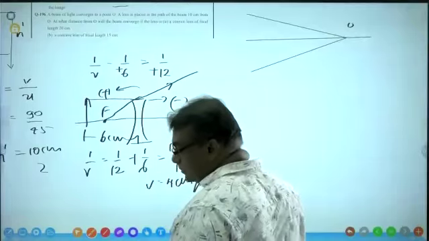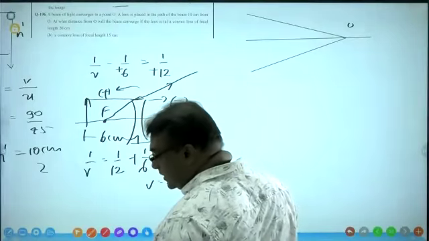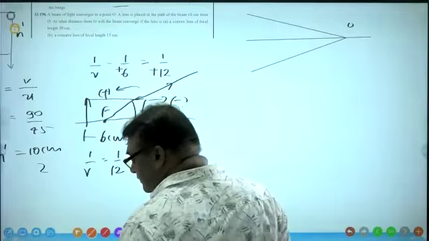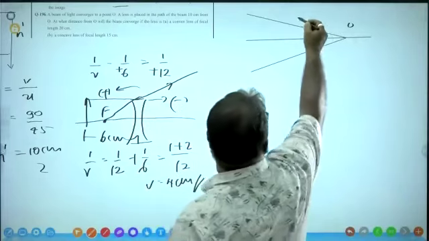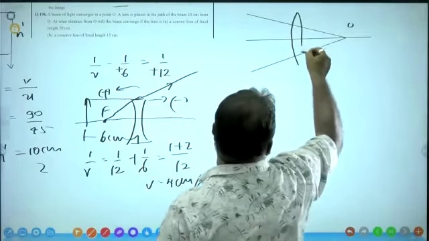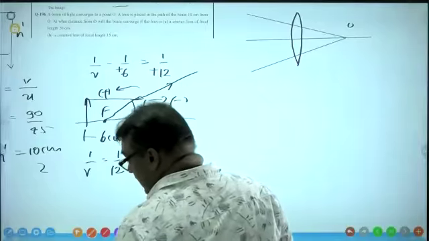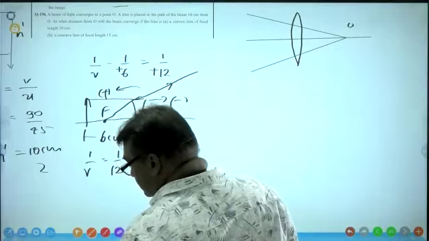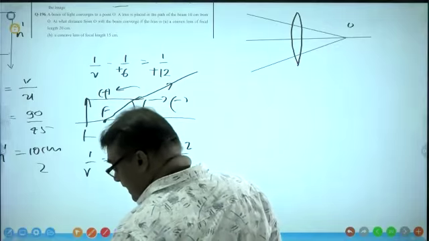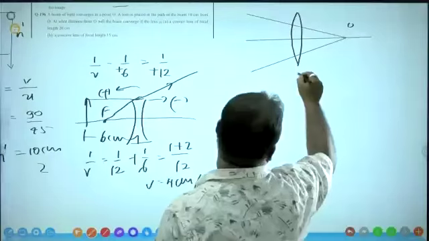Lens is placed in the path of the beam 10 centimeter from O. Like this. Convex lens of the distance 10 centimeter.